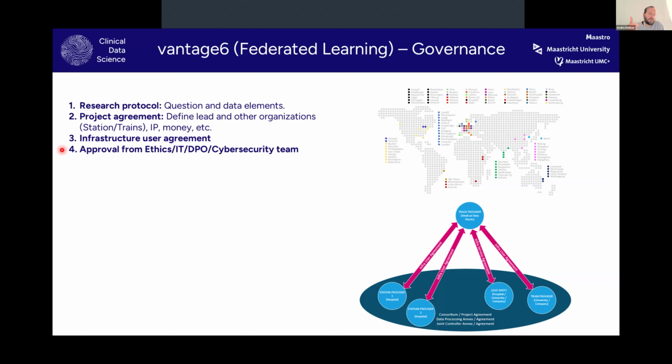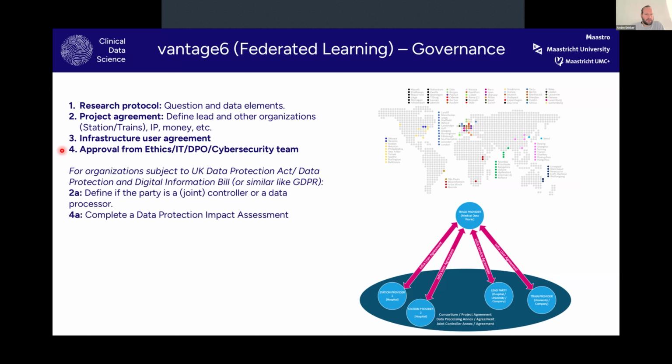But what we do see generally is that this is quite accepted, because for many reasons it's a privacy by design system. For organizations like yours, that are part of the DPA in the UK or GDPR or something similar, or the ones that are coming in the UK, there's some more work to do, because according to the law, people are processors or controllers, and this is quite intricate in federated learning.